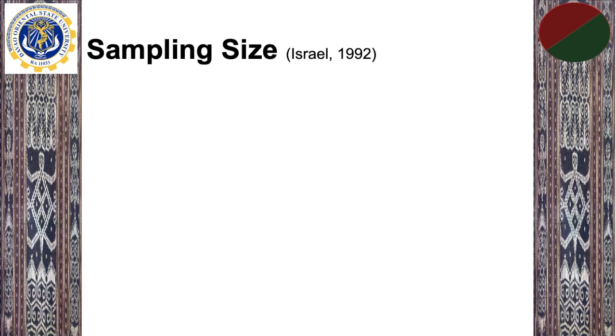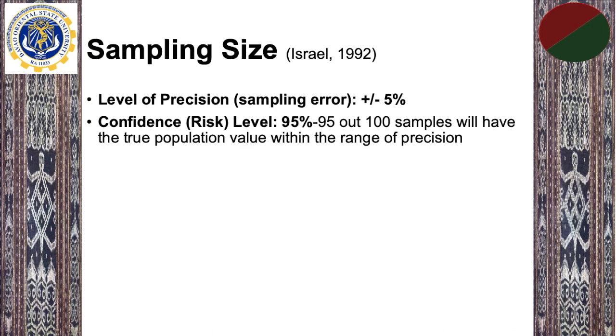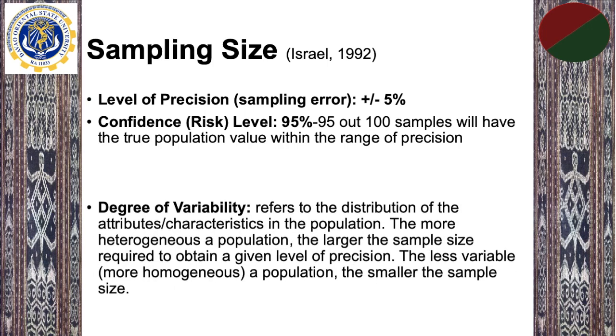For sampling size, we need to also include the size of our samples. And according to Israel, we need to consider the following. The level of precision, or the sampling error, in health research we usually set to 5%. So if we set our level of precision at 5%, automatically the confidence or risk level would be 95%, which means that 95 out of 100 samples will have the true population value within the range of precision.